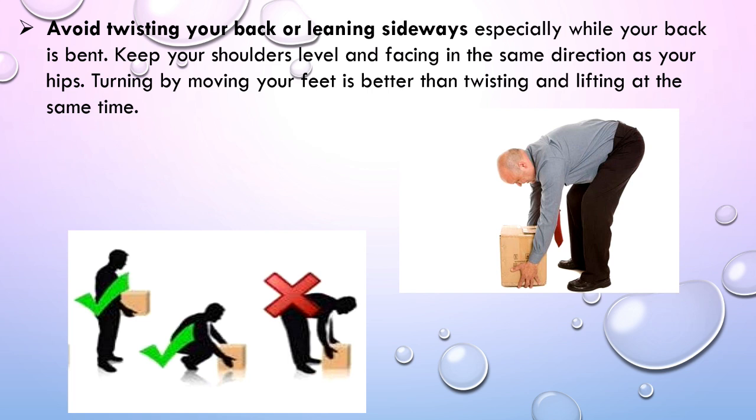Avoid twisting your back or leaning sideways, especially while your back is bent. Keep your shoulders level and facing in the same direction as your hips. Turning by moving your feet is better than twisting and lifting at the same time.